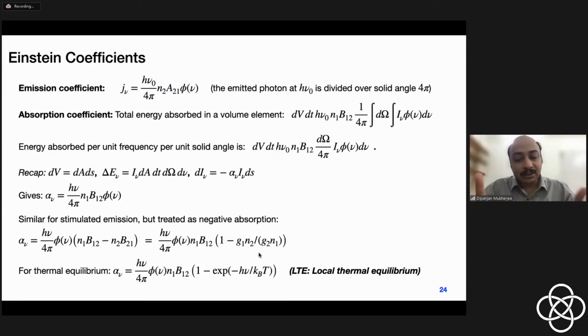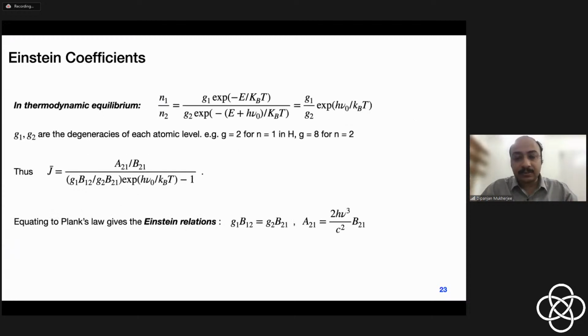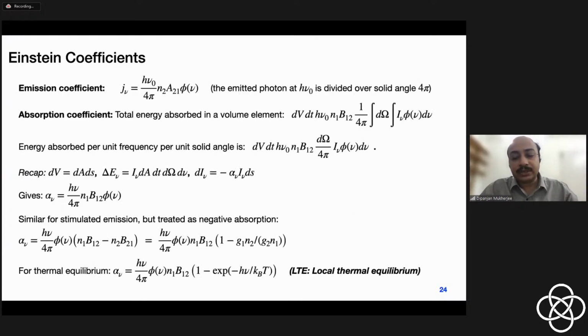If it is in thermal equilibrium, as I just explained for thermodynamic equilibrium, the ratio of N1 by N2 is related to the exponential of h nu by kT, which is what we have substituted here. This is an important assumption, and in technical papers you'll find it mentioned as LTE, or local thermal equilibrium. So in local thermal equilibrium, the local absorption coefficient is modeled in this way.